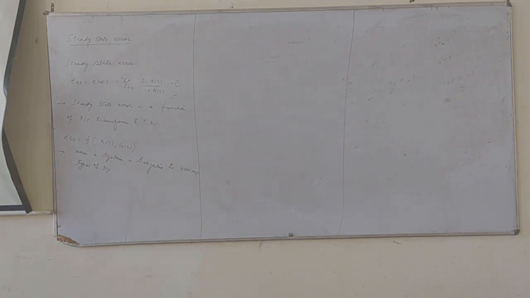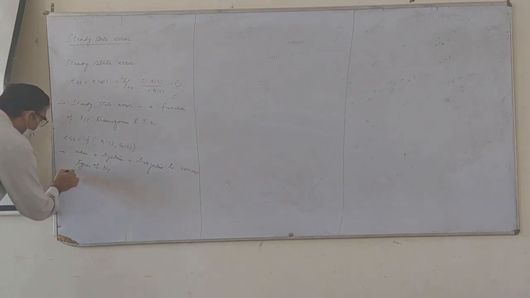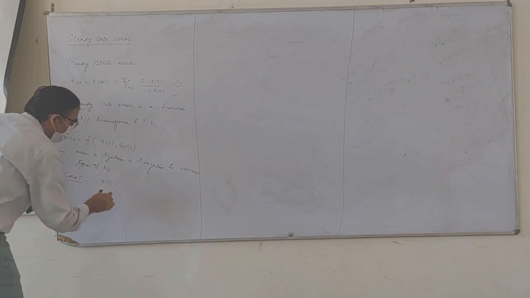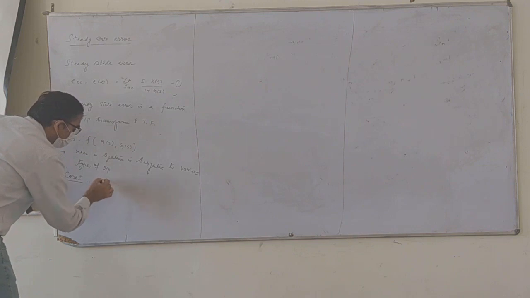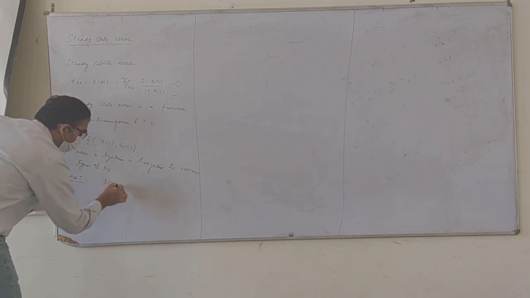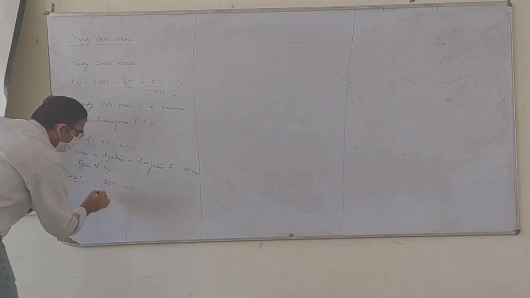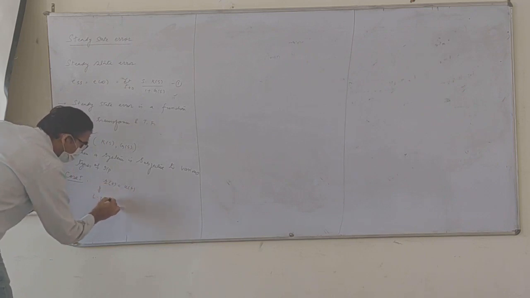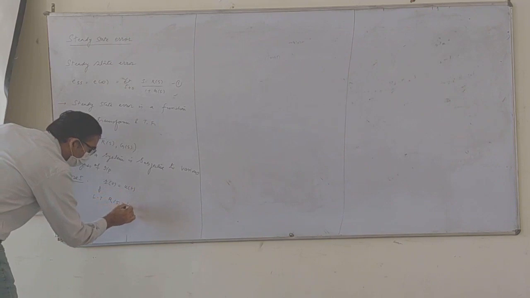Case number one, when R of t, the time domain input, will be U of t. Then taking the Laplace transform of this, R of s is equal to 1 by s.